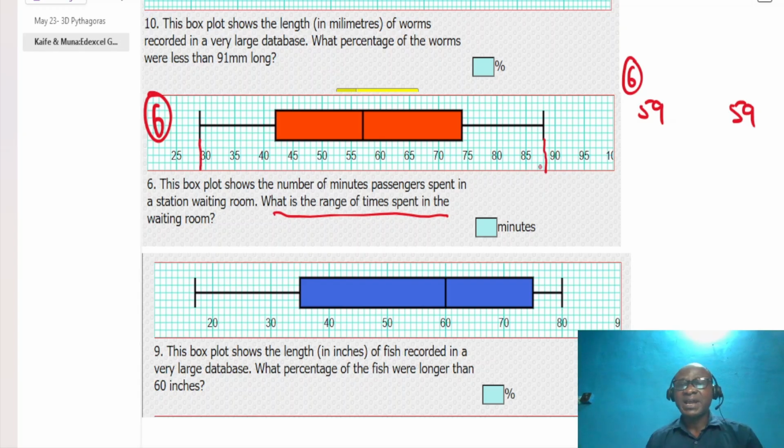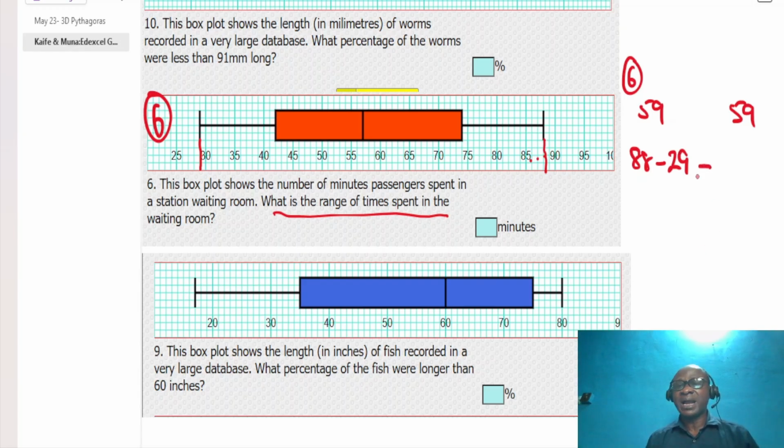The highest is 88, minus the lowest, 29. So if we do 88 minus 29, that is going to give us 59.